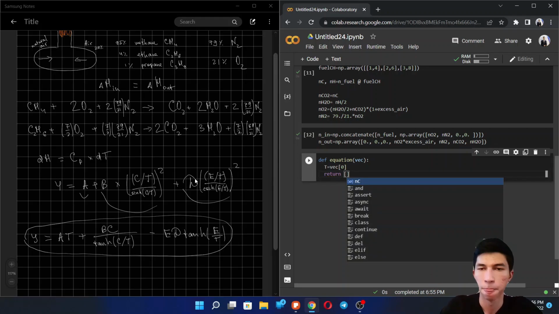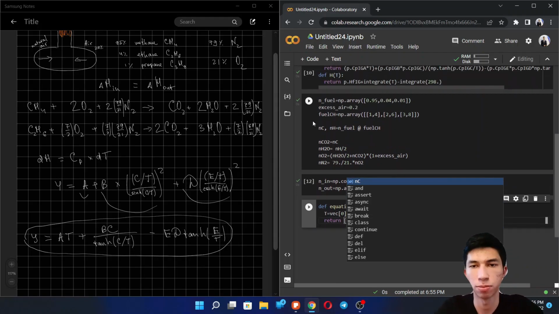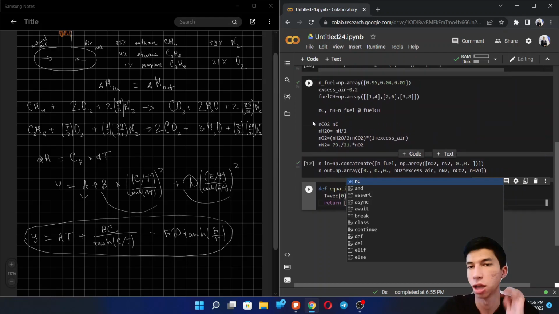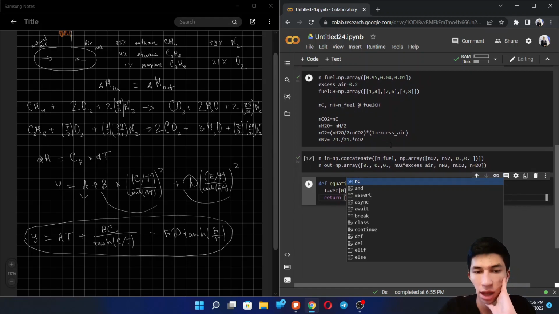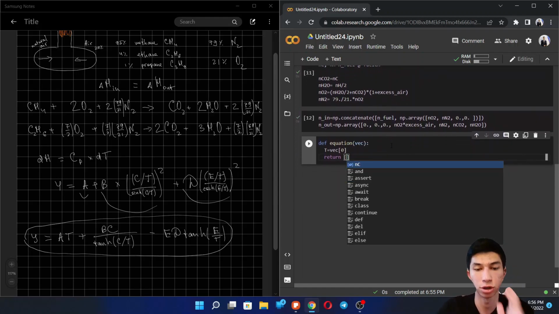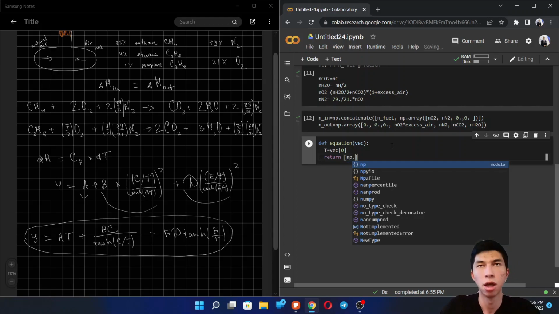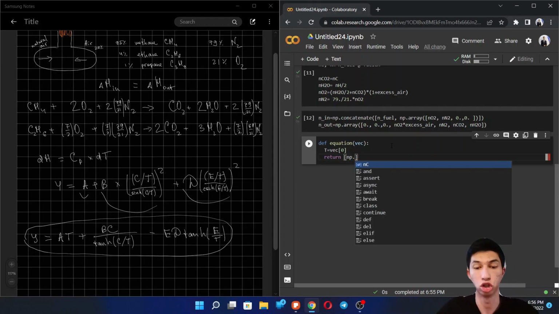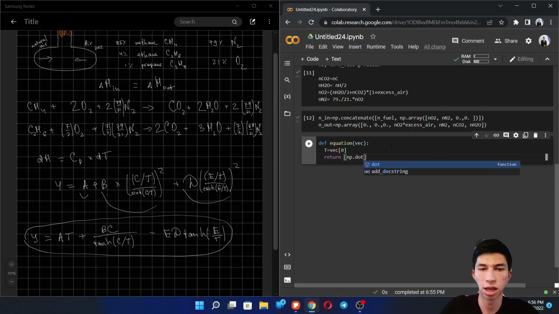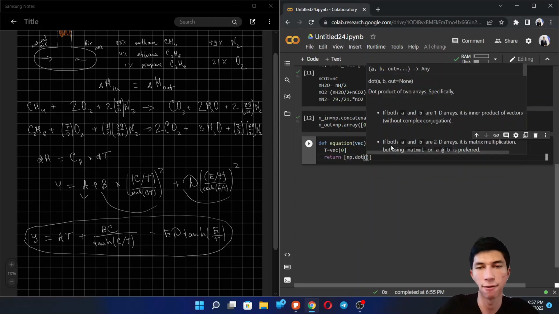So now we should find the dot product of the amount of compounds and the enthalpy. In NumPy there is a function, numpy dot, that calculates the dot product of the 2 things that we need.